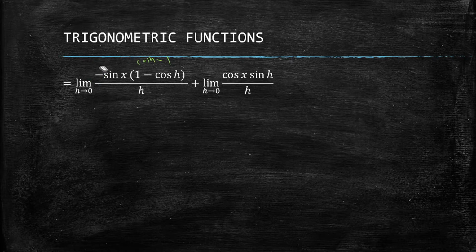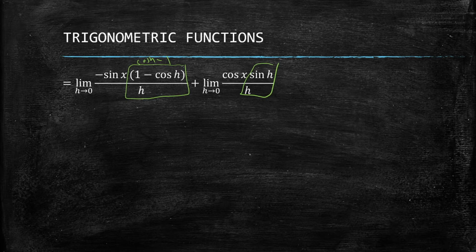So the reason why we have 1 minus cos h over h is because this part here is actually a theorem, a limit theorem. And also we have sine h over h.